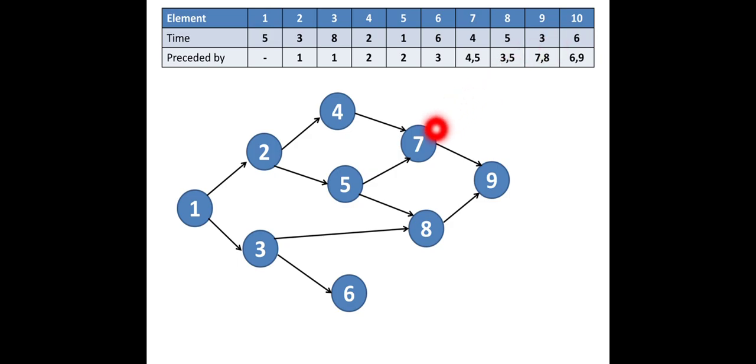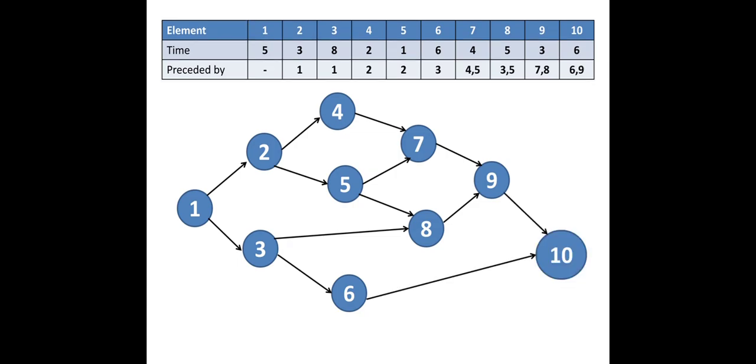So I have drawn a line from 7 and 8 to represent element number 9. So finally, to represent element number 10, we need to draw a line from 6 and 9 to represent element number 10. So this is the final precedence diagram.